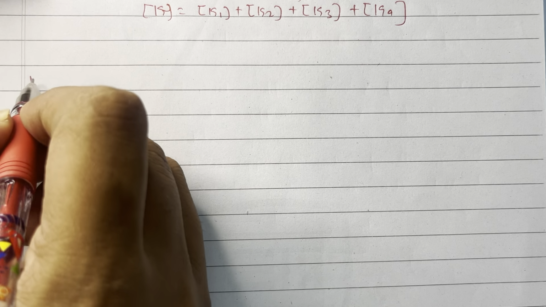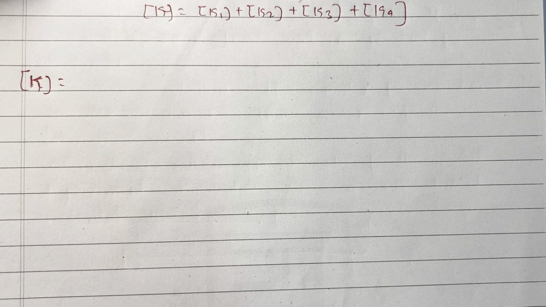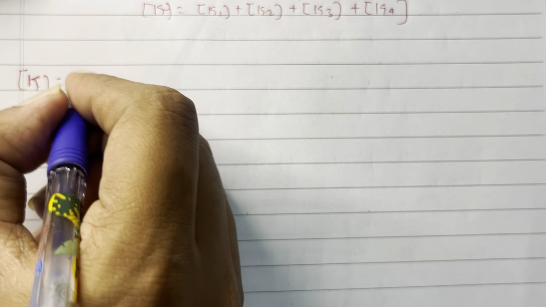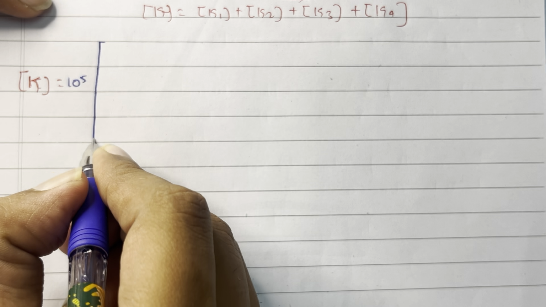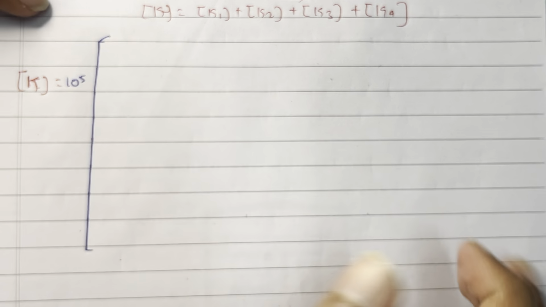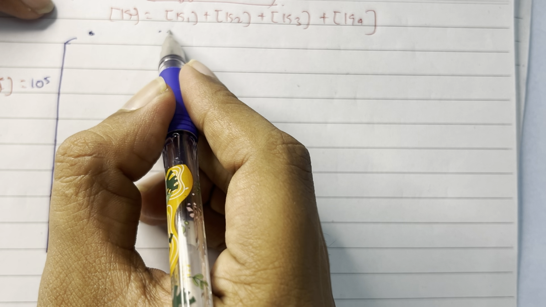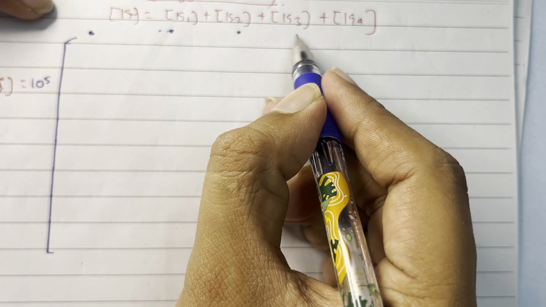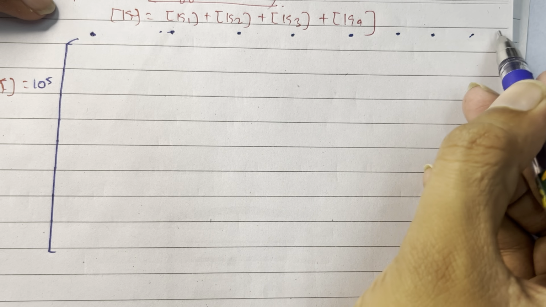So I will write K is equal to, as 10 raised to 5 is common, that is outside, Q1, Q2, Q3, Q4, Q5, Q6, Q7, Q8. Okay, so similarly here this position is for Q1, this is for Q2, Q3, Q4, Q5, Q6, Q7, Q8.